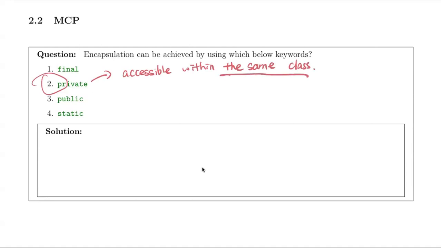So the idea is restricting the access of specific variables, and usually the approach is we set sensitive info as private to a specific class, and then we create a getter, or a getter and setter, method for those specific variables. So the encapsulation is achieved by the keyword private. So B is the answer.